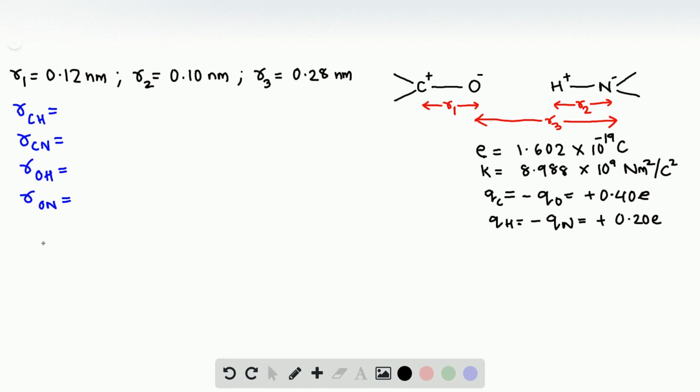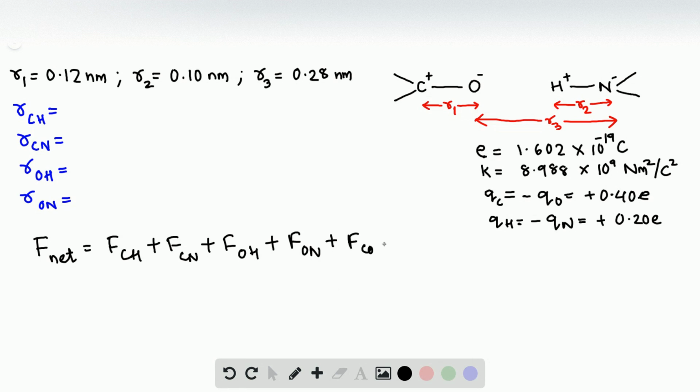So now the net force between the two groups, let's say the total force, or F net, is the force between C and H plus the force between C and N plus the force between O and H plus the force between O and N. And there is no force between C and O, or we can simply say that we are ignoring it, and H and N. So these two are basically 0 in our equation.